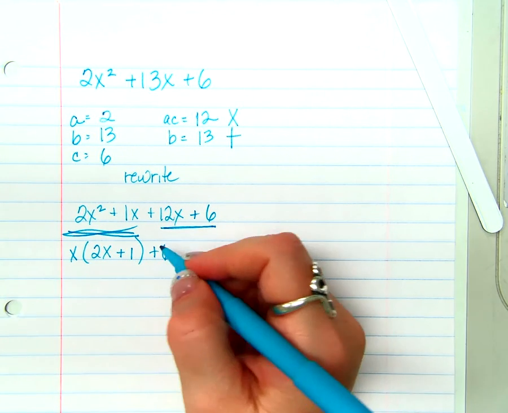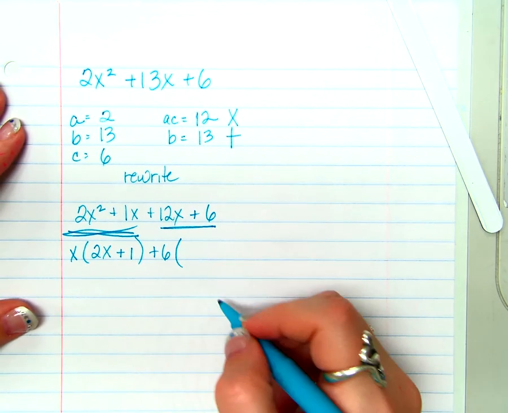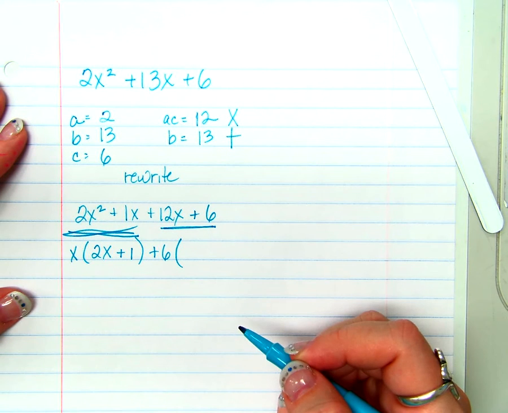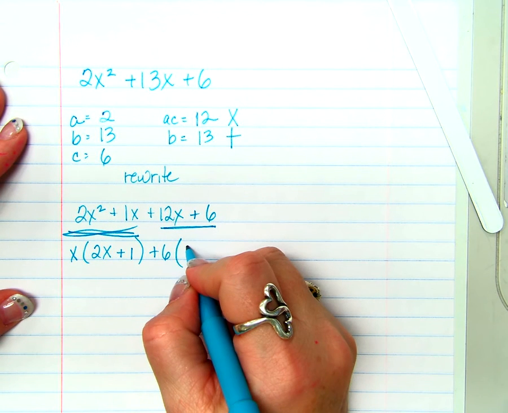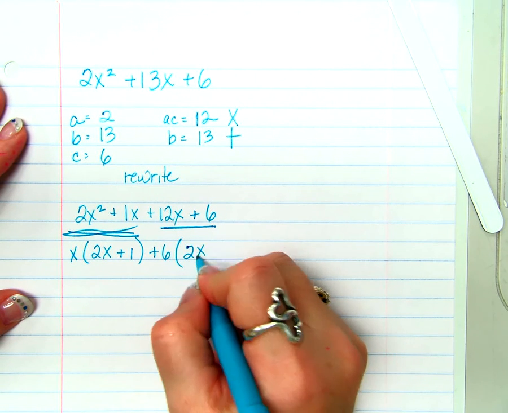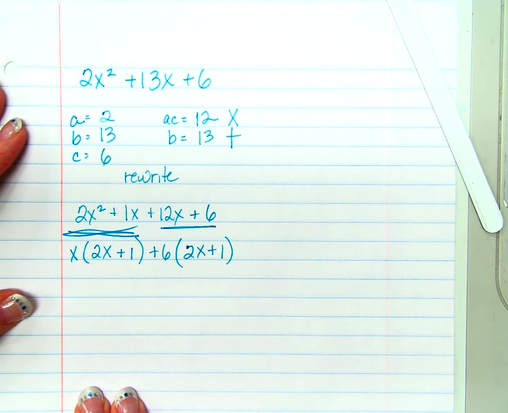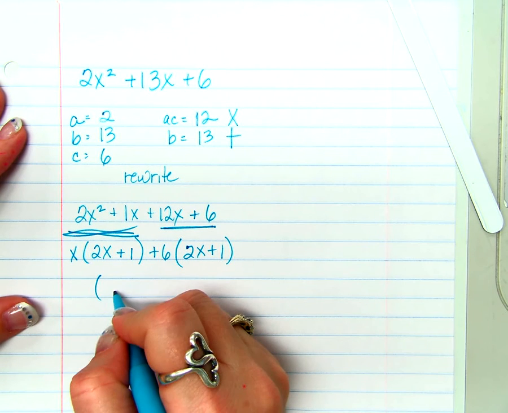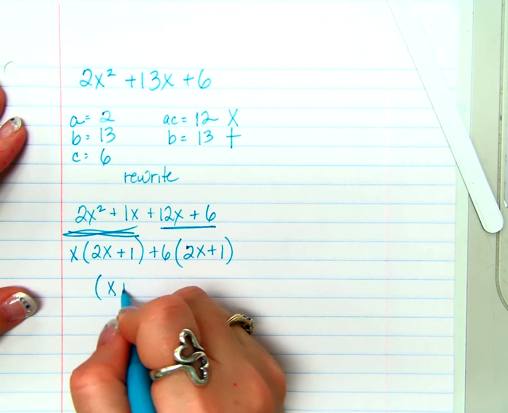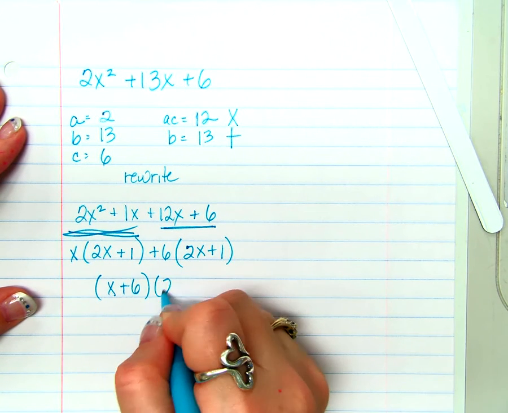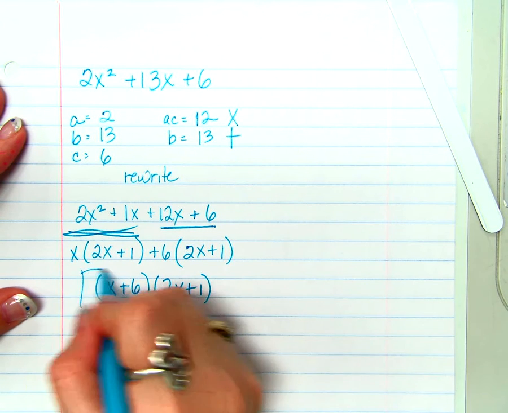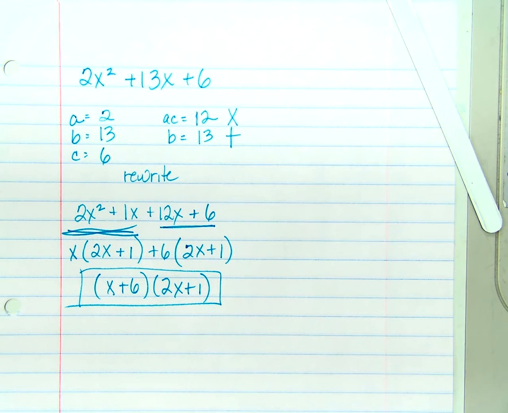If I divide each term by 6, what do you have left? 2x plus 1. Are both my parentheses the same? Yes or no? Then I can write my answer, can't I? What did I divide out? What did they have in common? That's my answer.